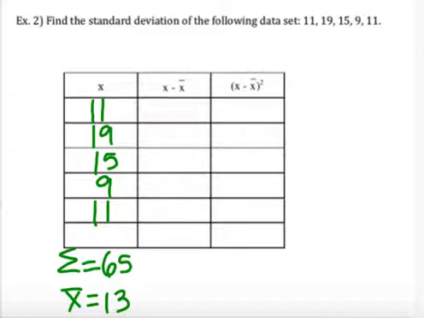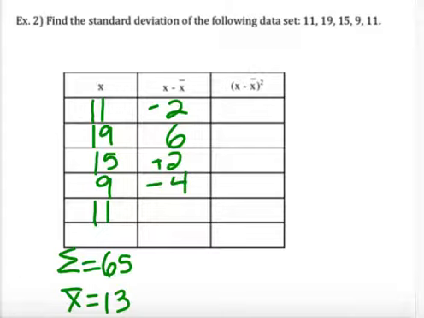So once we have our 13 here, let's subtract. 11 minus 13, negative 2. 19 minus 13 is a positive 6. 15 minus 13, that'd be a positive 2. 9 minus 13 would be negative 4.